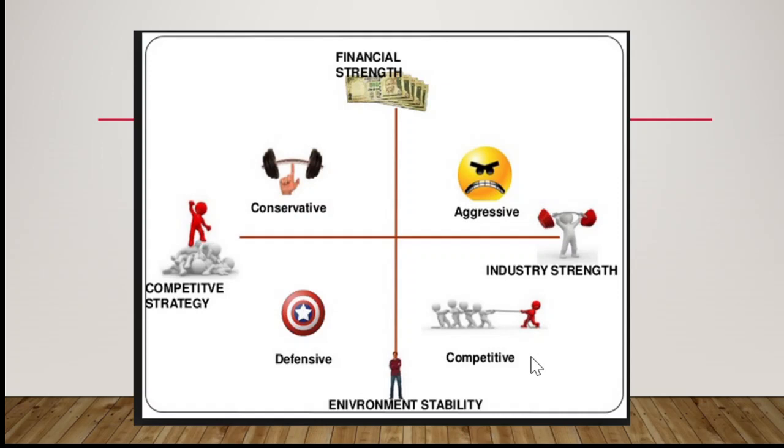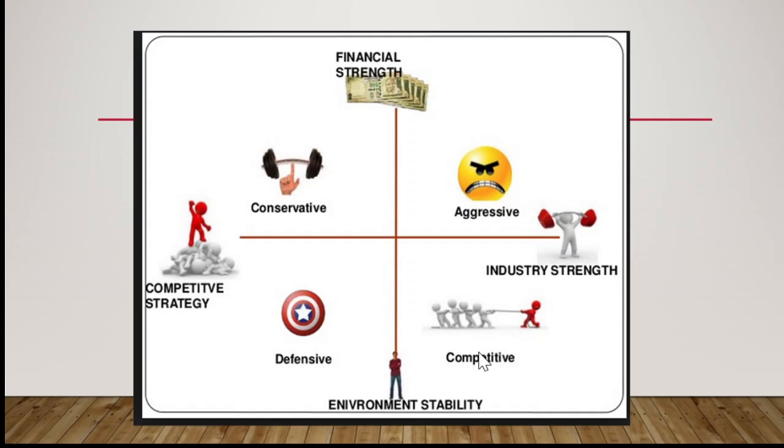And yung competitive naman usually arises, napupunta tayo sa quadrant na to, if the firm has a strong advantage in an attractive industry but its financial strength is insufficient to compensate for the environmental stability. So usually the immediate strategy in this quadrant is to improve its financial strength.